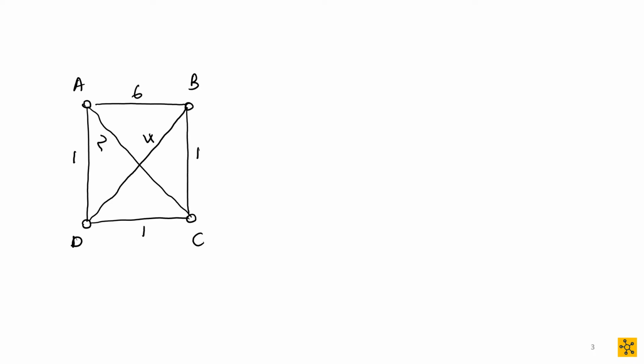So step 1 is to find the minimum spanning tree using any method of your choice. I'm going to use Kruskal's. So I look for my edges of minimum weight. So it's BC, CD, or AD. So I add BC first.